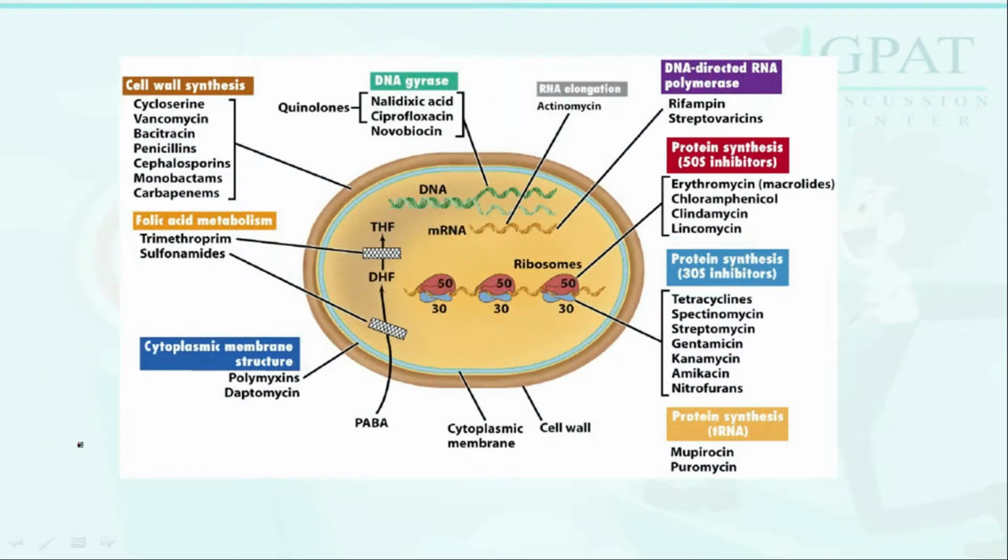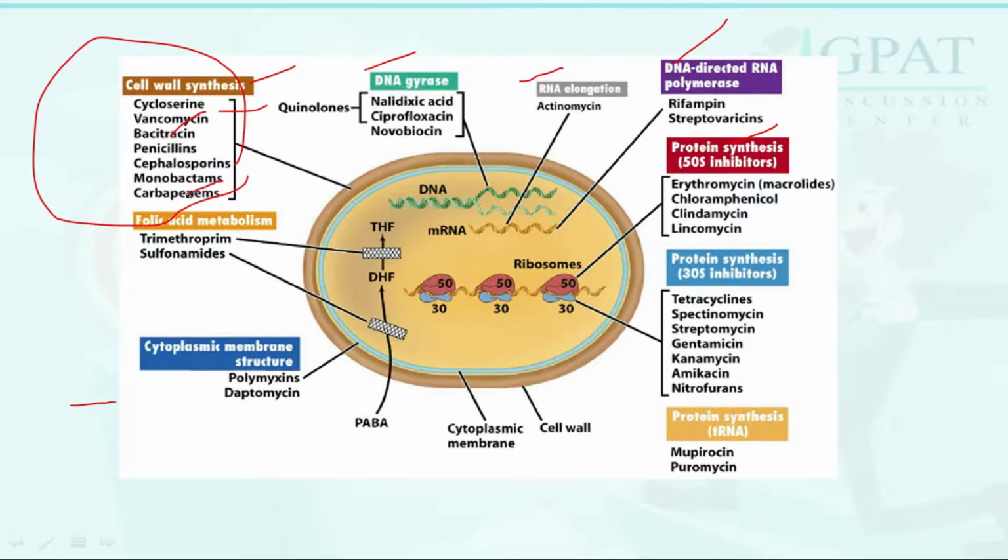Let's discuss with the help of a pictorial representation, where cell wall synthesis, DNA gyrase inhibitors, RNA elongation, DNA-directed RNA polymerase inhibitors and protein synthesis inhibitors are given with the help of a diagram. The first one is cell wall synthesis inhibitors. It includes cycloserine, vancomycin, bacitracin, penicillin, cephalosporin, monobactam and carbapenem.